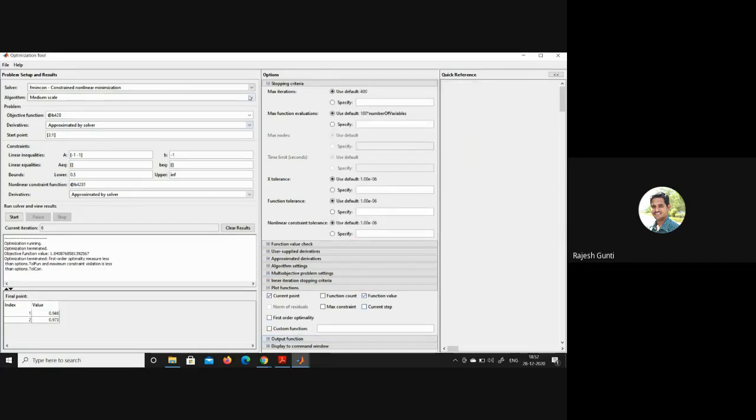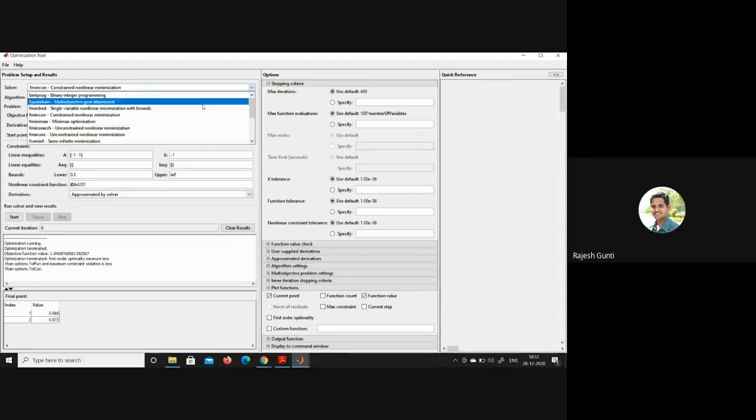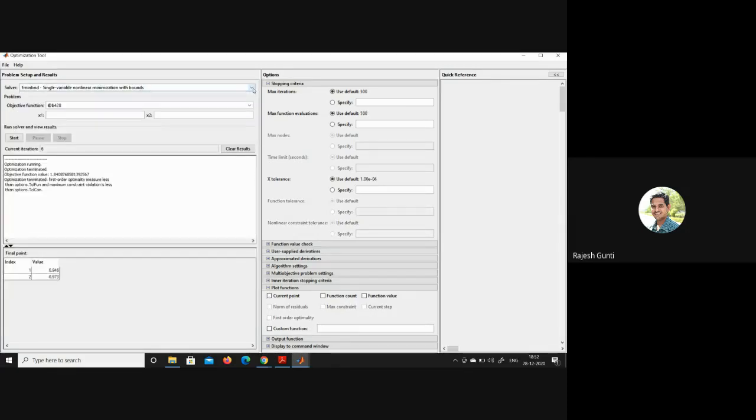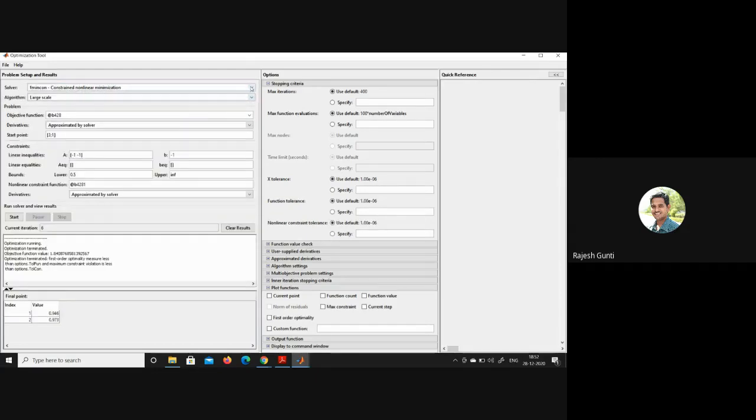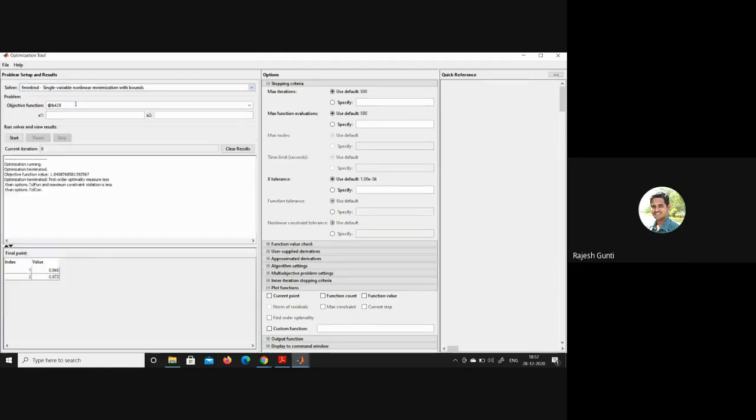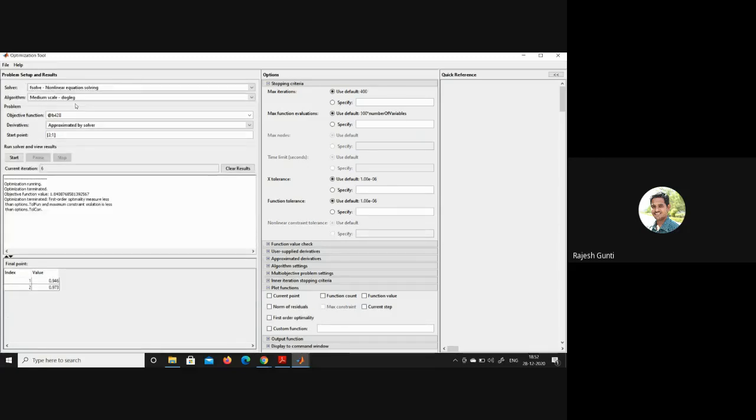Actually, here you see this one, fsolve. So many things are fsolve. You see this one, fsolve: nonlinear equation solving.